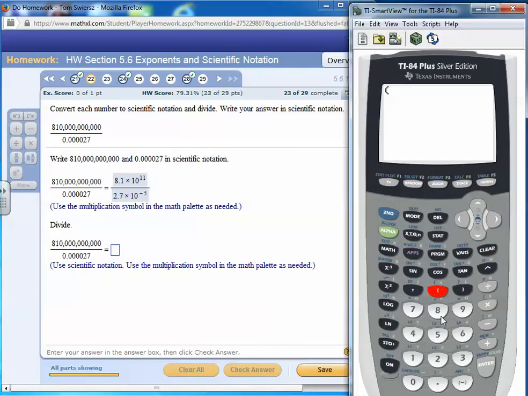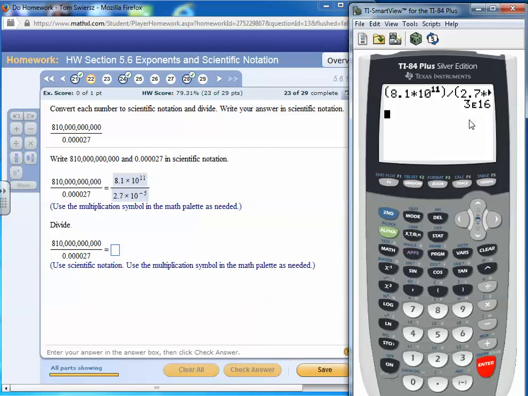So we can go ahead and do, in parentheses, 8.1 times 10 to the 11th power divided by, oops, forgot the parentheses, parentheses, 2.7 times 10 to the -5, and we get 3E16.